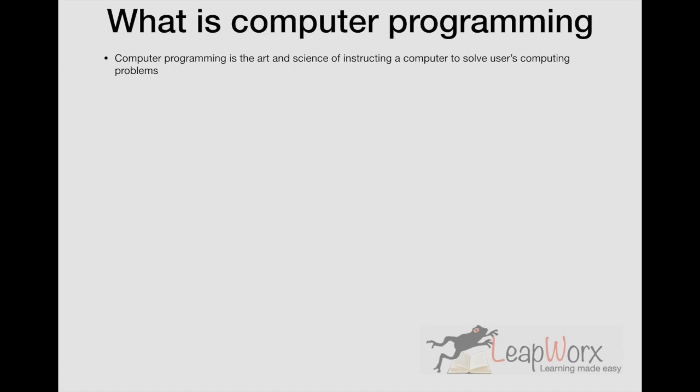On the other hand, if there is a computing problem, the way a programmer approaches solving it, given the constraints of the machine, the machine may have less memory, or the user may need the answer much faster than what the machine can give. In those cases, programmers innovate a lot. They become very creative in solving the problem, and that's why it becomes an art. So computer programming is both an art and a science.